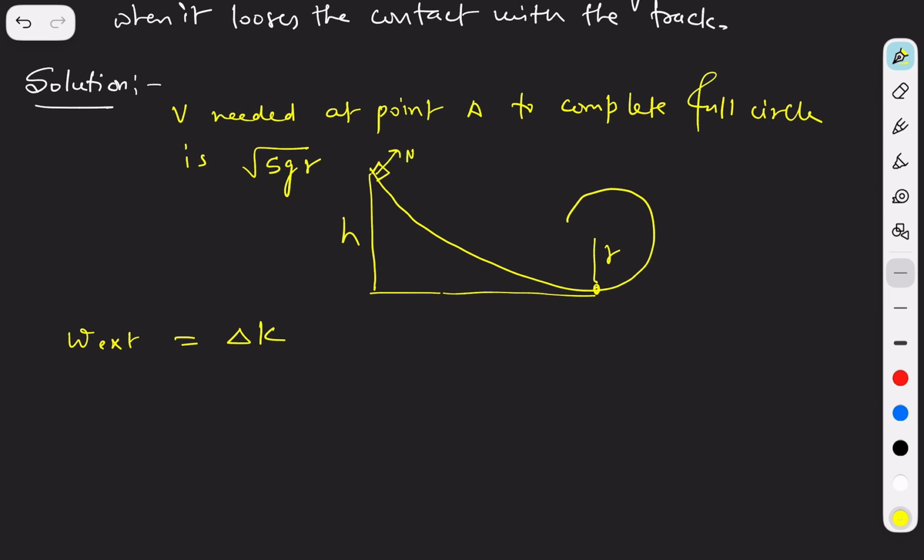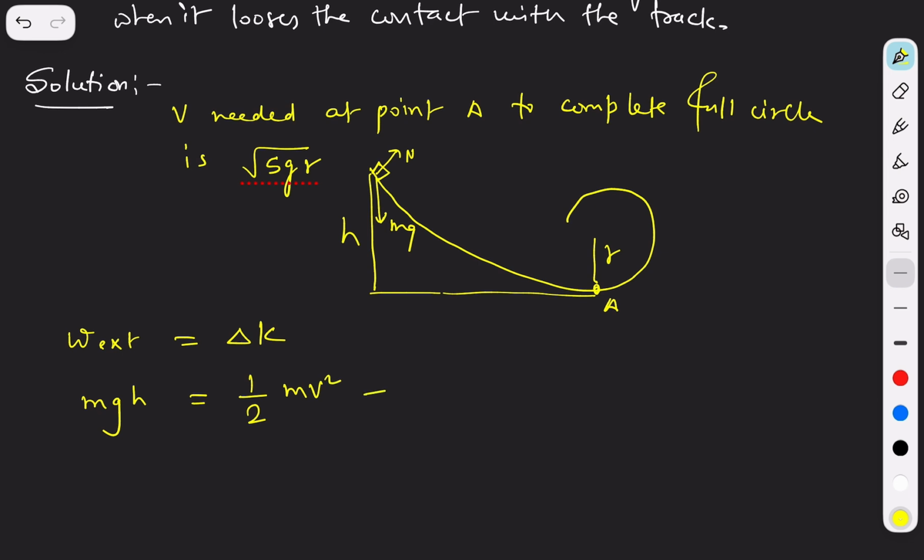Normal force work done will be 0, because normal force is perpendicular to the displacement of the body. So only mg will do the work. The body will come to point A after traveling h height down, so the work done will be mgh, and that is equal to change in kinetic energy. So half m v square minus 0, as the initial kinetic energy is 0.